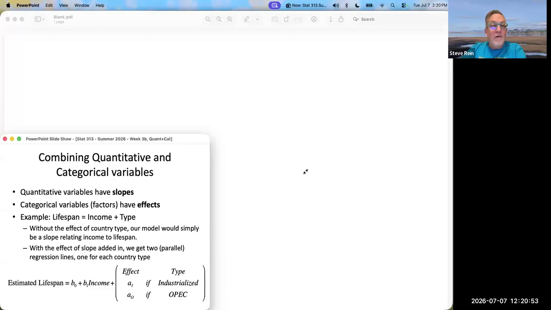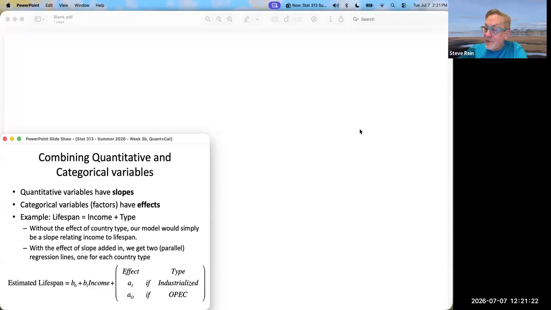Okay. So what I'd like to do is move forward and say we have this belief that you could have categorical and quantitative variables both in an analysis. We looked at an example where we had income as the quantitative variable, and the country type, whether a country was OPEC or industrialized, was categorical.